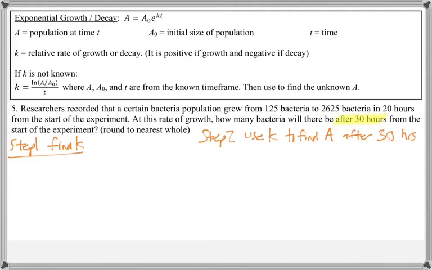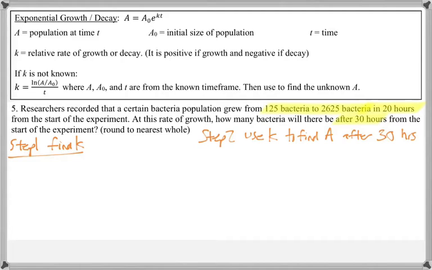So I'm trying to find k, and I'm using the A0, A, and t from the known time frame. So we know that the population grew from 125 to 2,625 in 20 hours.